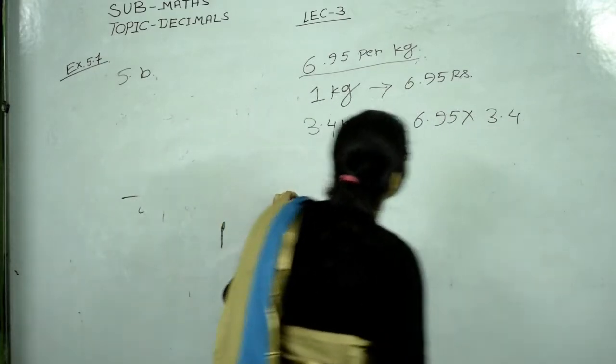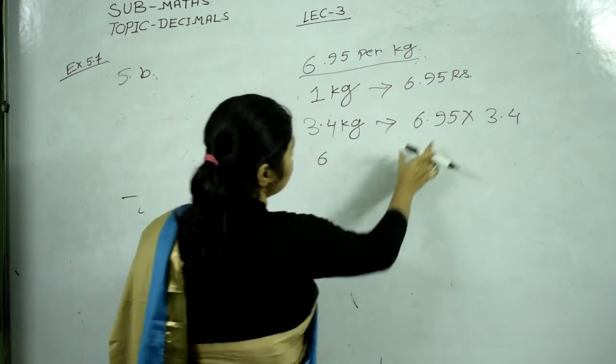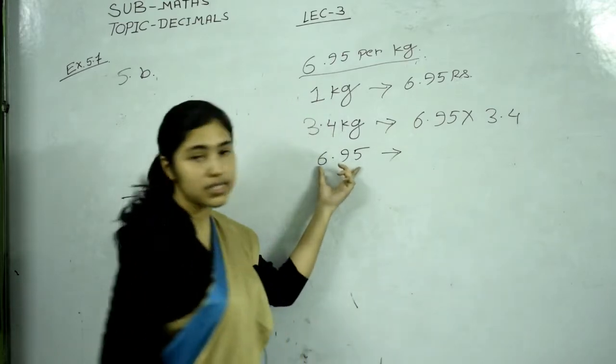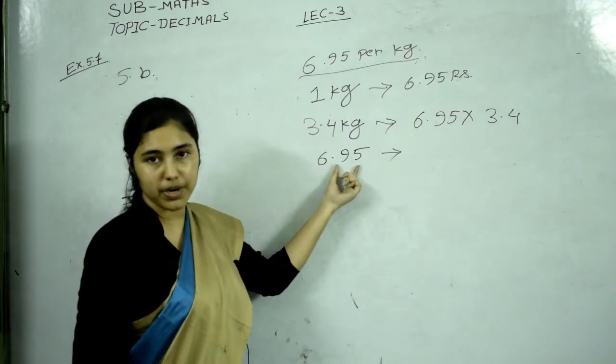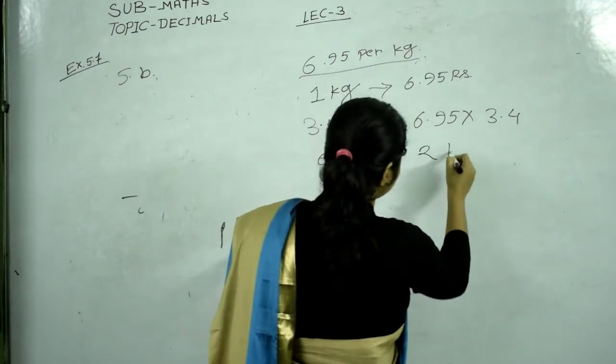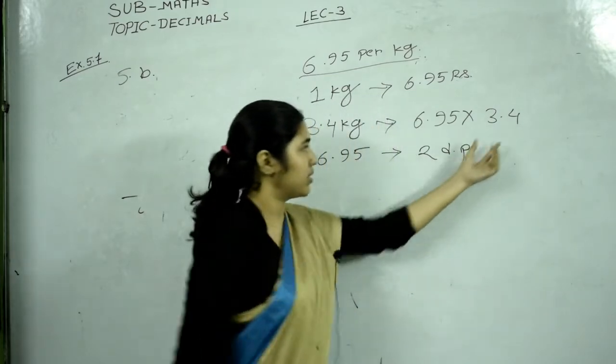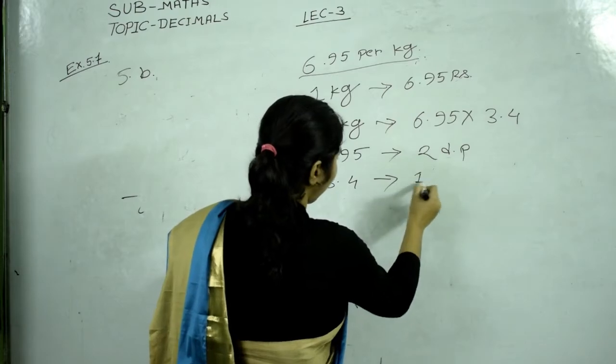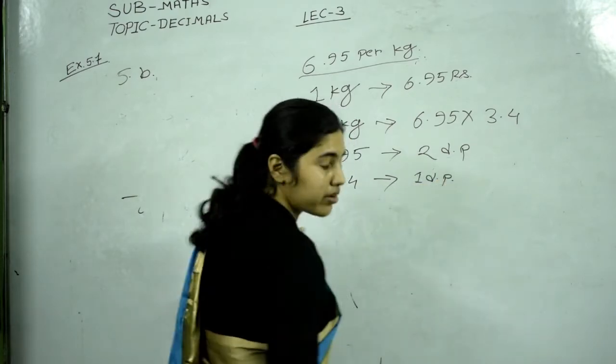Okay? So consider 6.95. Here this number has 2 decimal places, and 3.4 has 1 decimal place, right?